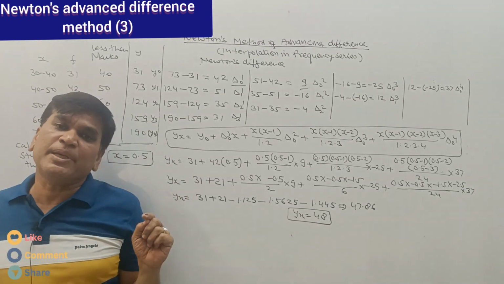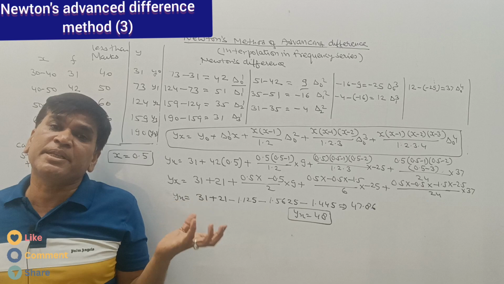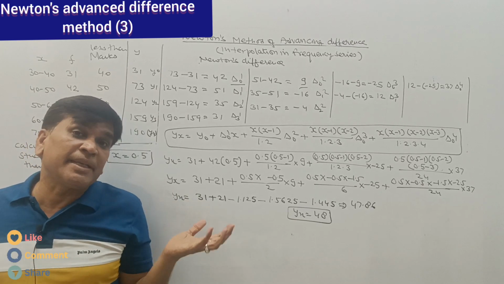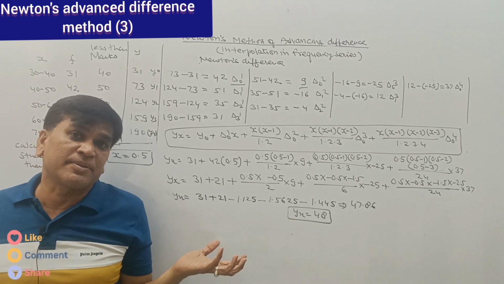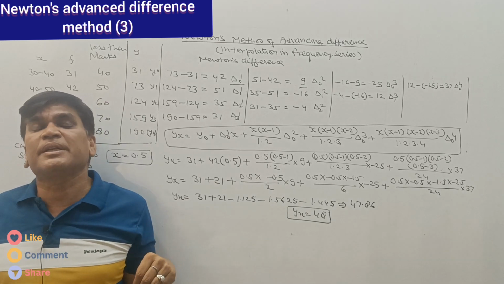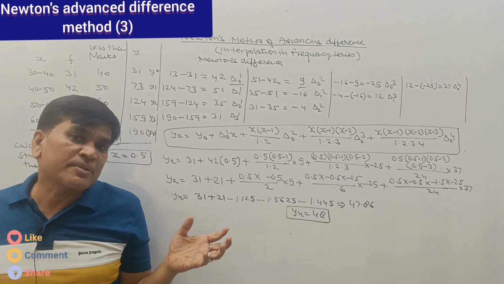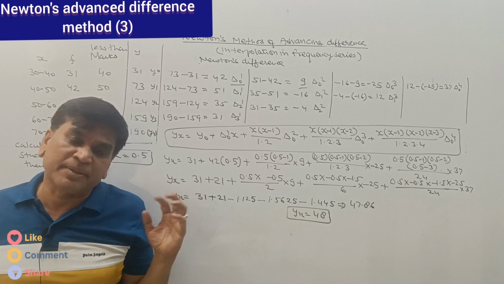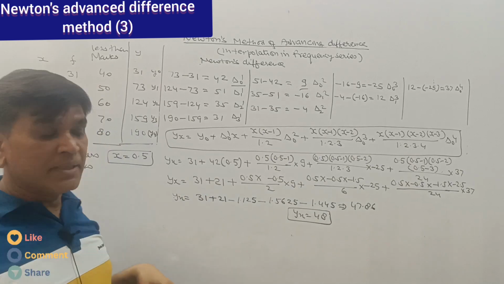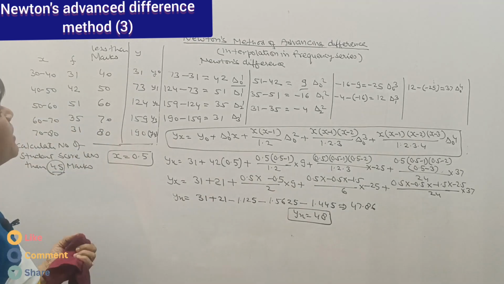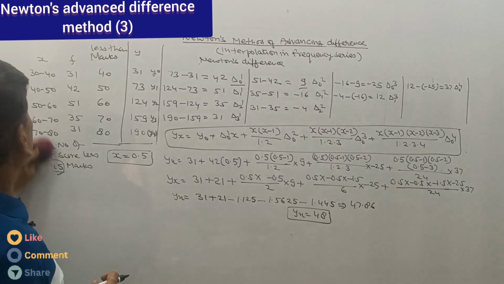In this manner, if a series like a less than series or more than series is required, we can also interpolate for the number of items with the help of Newton's advancing difference method.